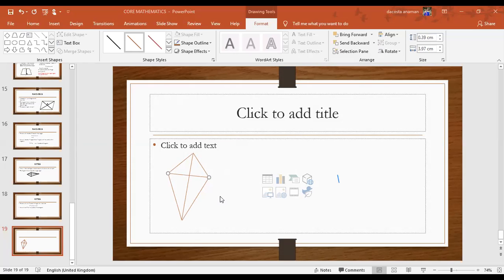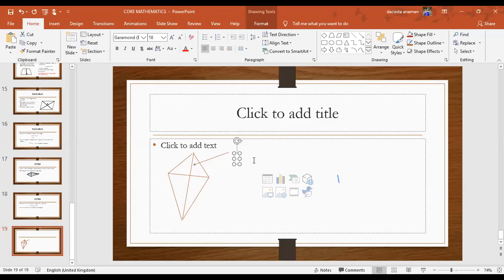So this is your kite, and this length is 8 centimeters.